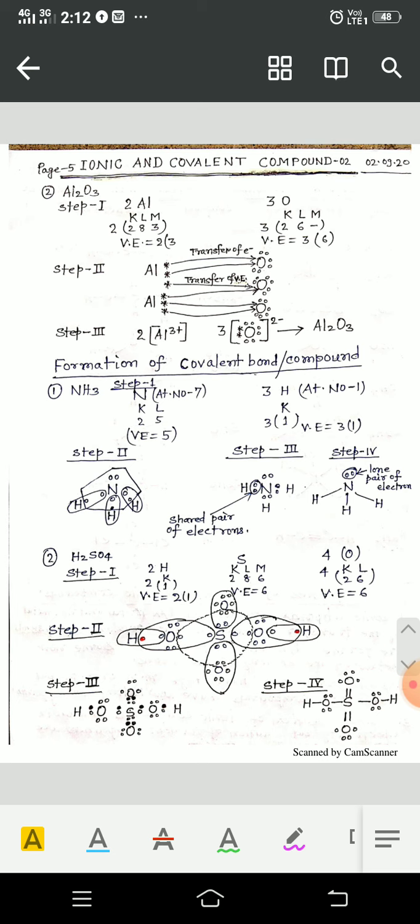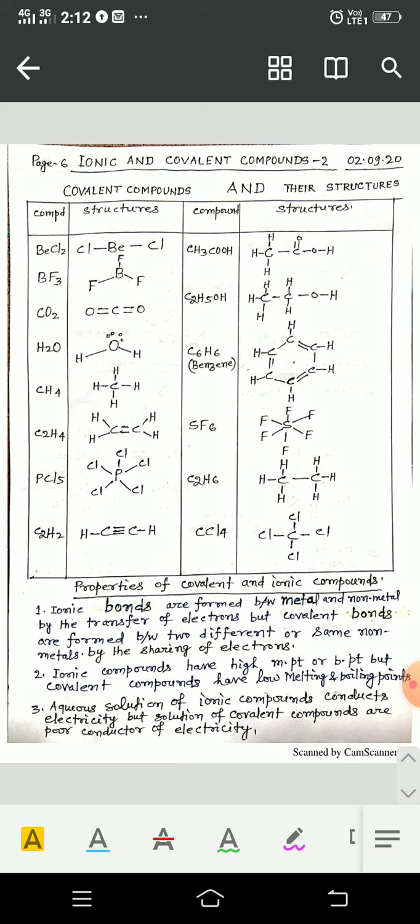So in which side I will put, how I will put, this will be clear from this diagram. According to these structures, when you have to show the formation of a covalent compound, you will put the atoms on the basis of these structures, and you will show the sharing of electrons.